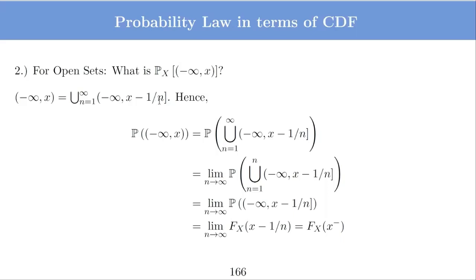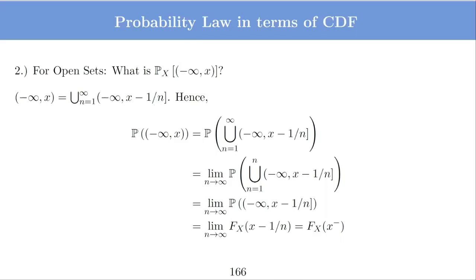But we do not know about the open set. So if we can represent these open sets in the form of a countable union, then there is some hope that we can apply the properties of the probability measure on it.